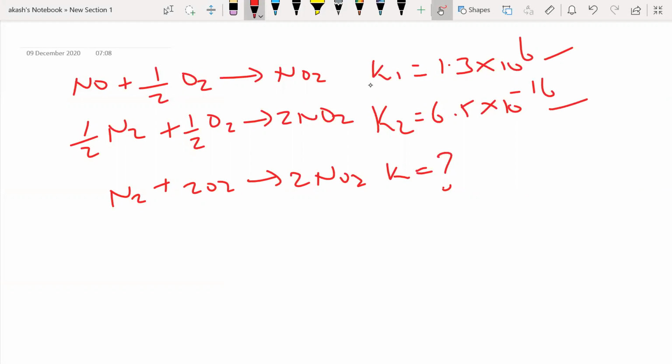First, if they've given two reactions like this and they have asked for a reaction like this, obviously I have to do something to these two reactions. That's how we do in thermochemistry, like we add or subtract or multiply by a factor, right? Something we have to do so that we'll end up with this equation. Then we'll come back to K1, K2 and K, how you're going to find that, we'll see.